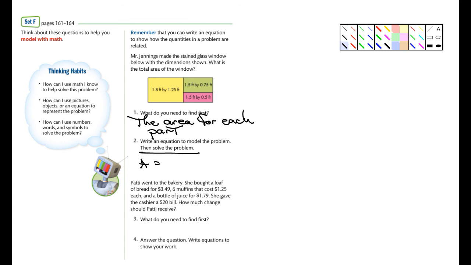Area equals, and I'm going to put in parentheses 1.8 times 1.25 plus. Now I'll do the green area. 1.5 times 0.75 plus, and I'll let you do the last one.